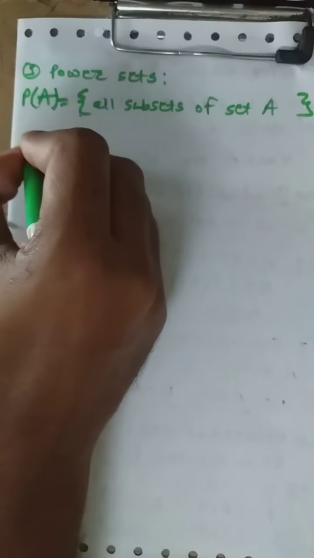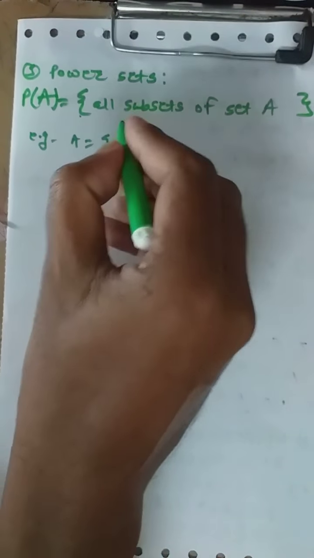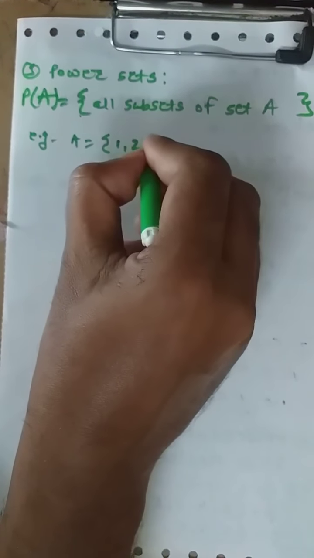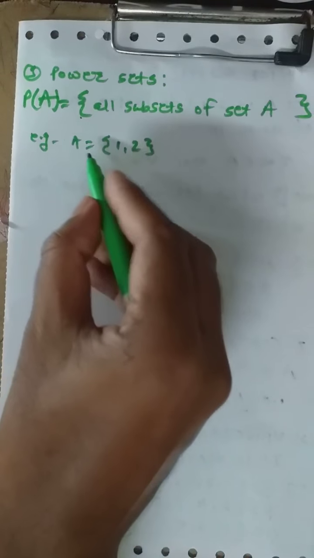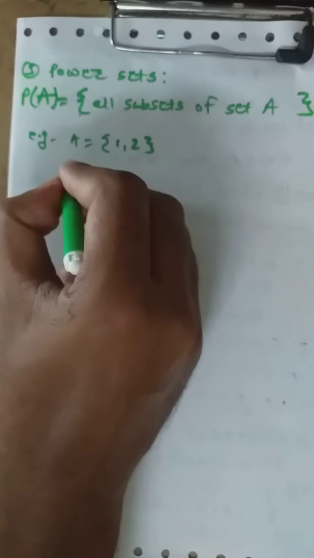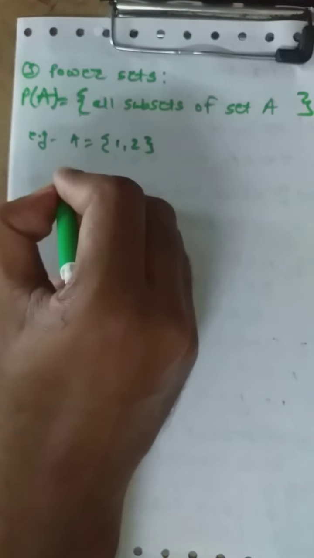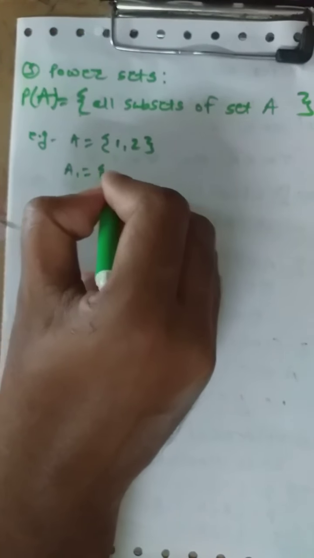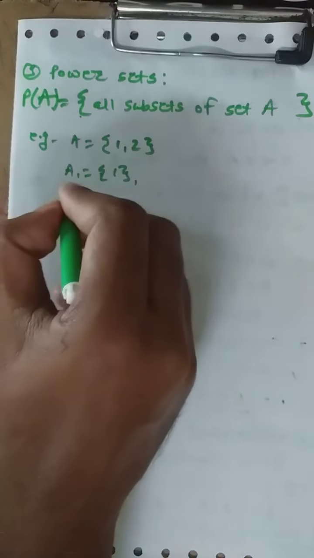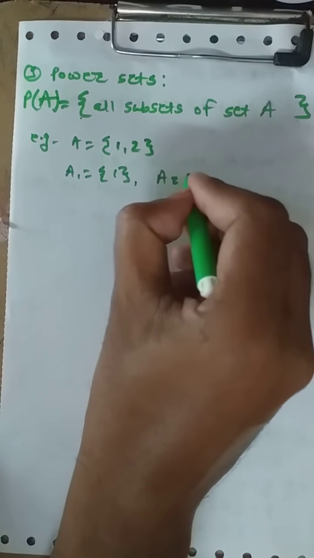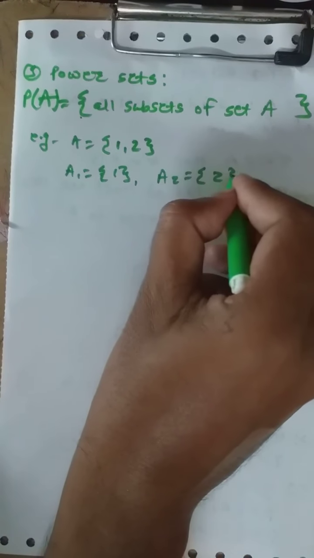Now consider the example A is equal to {1, 2}. Then what are the subsets of A? First, consider A1 is {1}. Again, A2 is another subset, that is {2}.